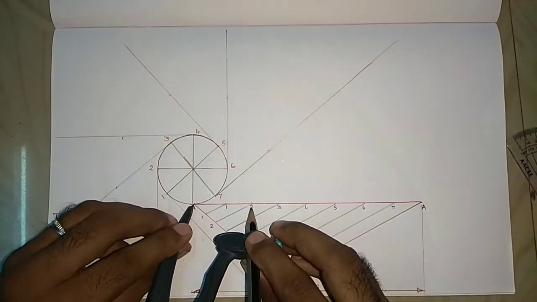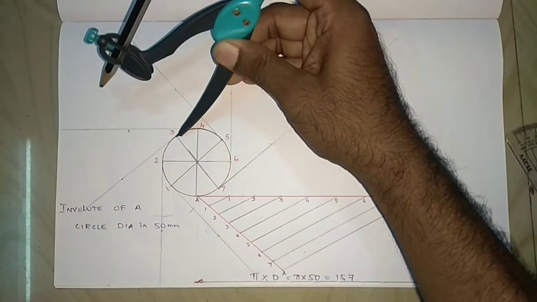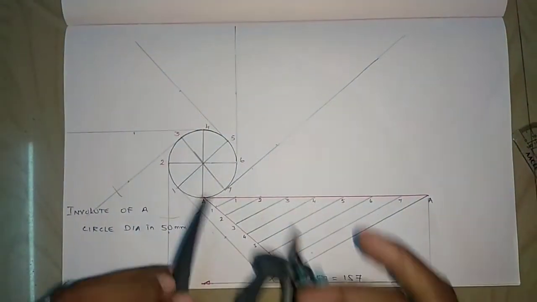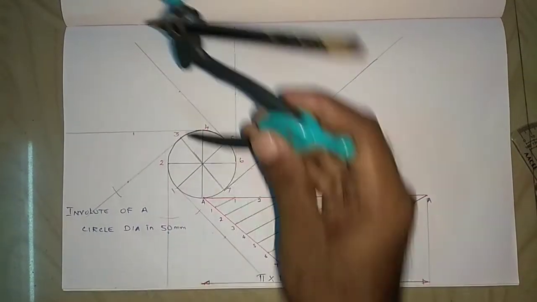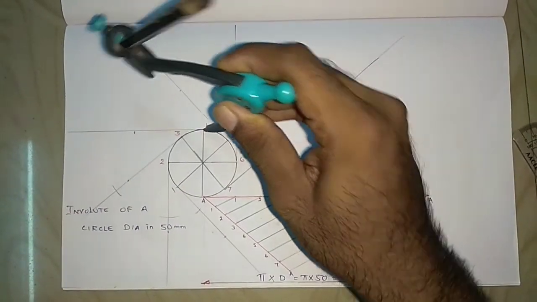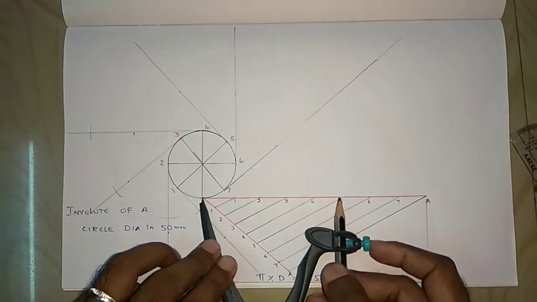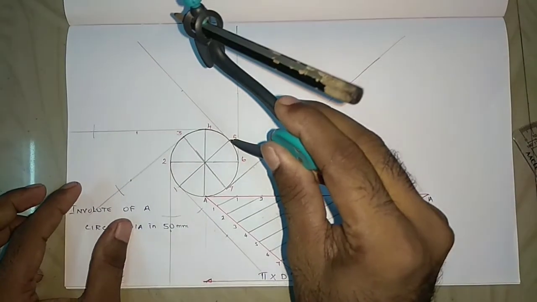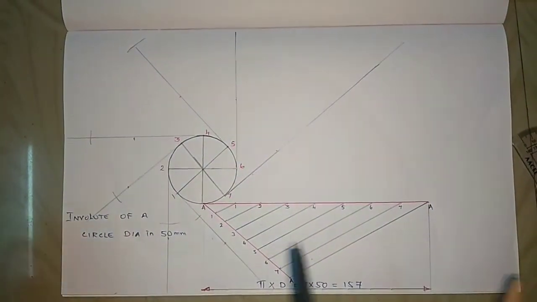Similarly, A3 as the radius, 3 as the center point, make an arc on the third line. Then A4 as the radius, 4 as the center point, make an arc on the fourth line. A5 as the radius, 5 as the center point, make an arc. If it is not cutting, you just extend the line.